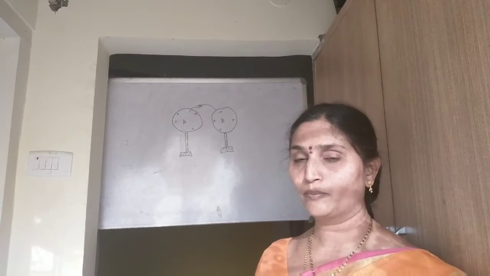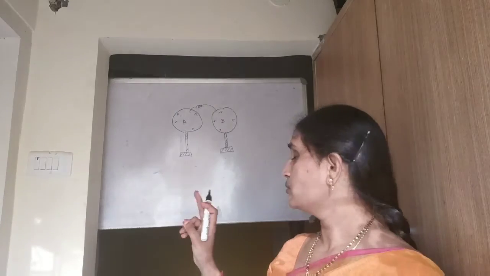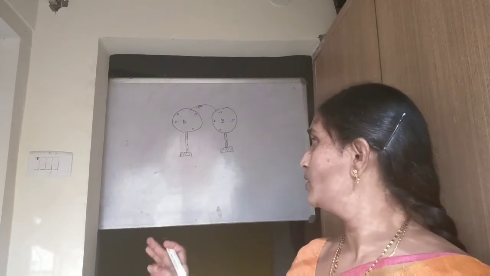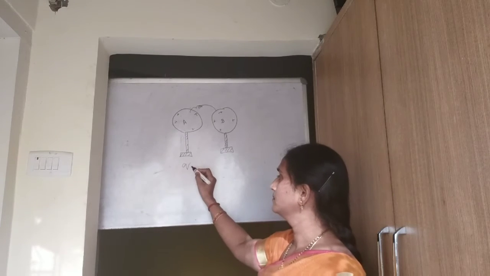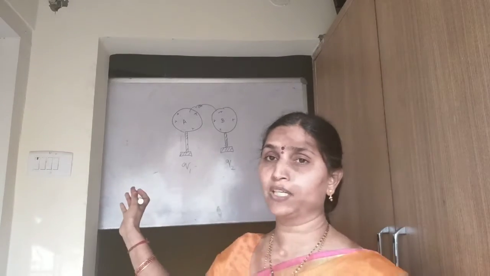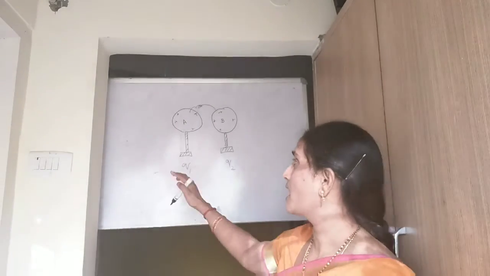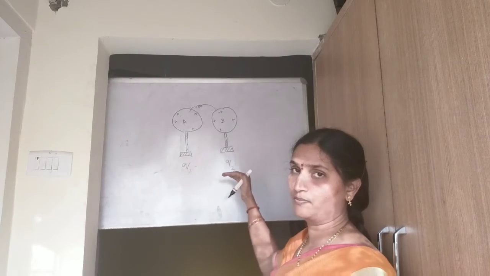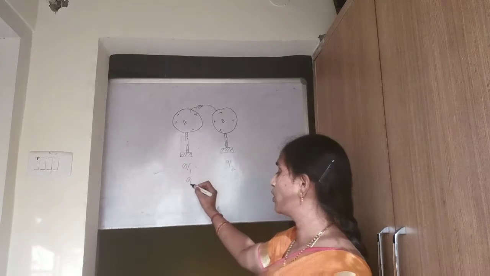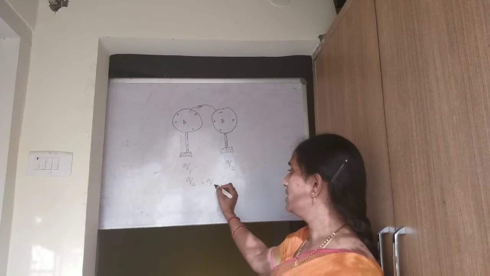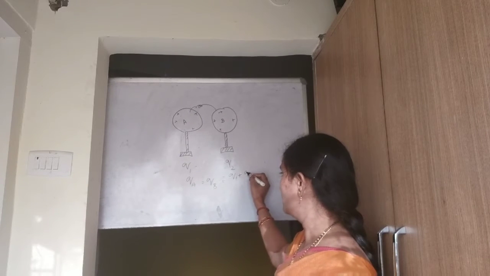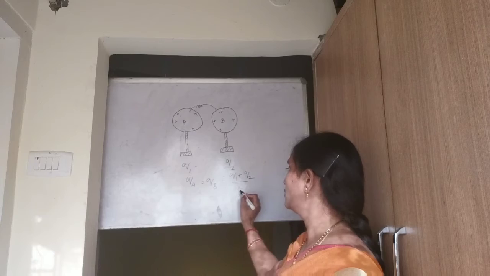Now remove the wire. B is getting charged with the help of A, by keeping it in contact with A. Here we have to remember one point: when the two bodies are of the same size, if you have a charge Q1 on A and Q2 on B, (I know Q2 is 0 if B is not charged), and you bring them in contact with each other, then the charge on each object, A and B, after contact would be (Q1 plus Q2) divided by 2.